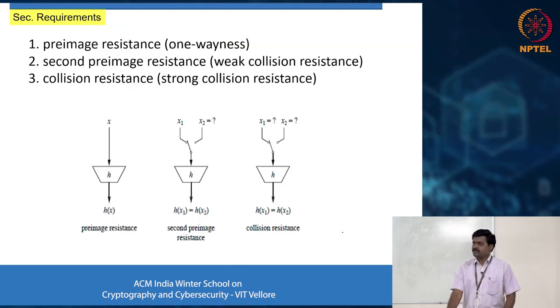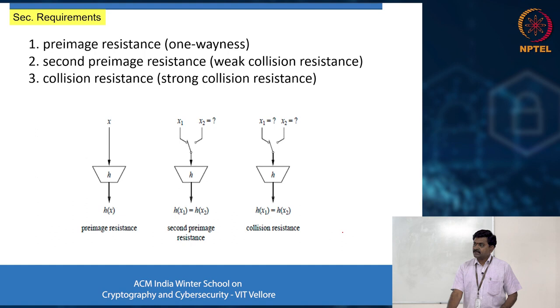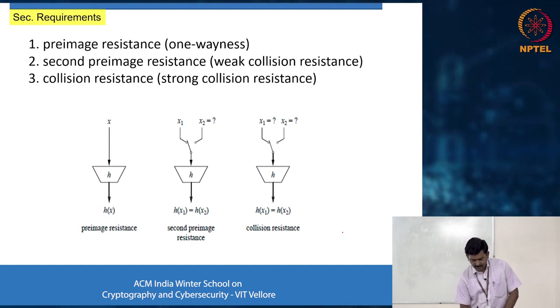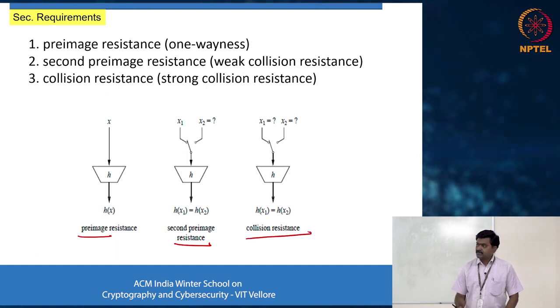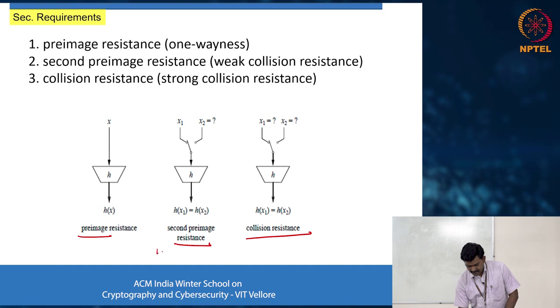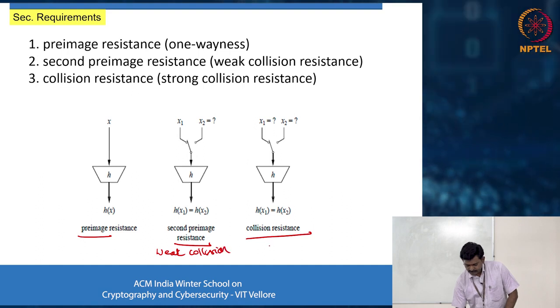What are the requirements of hash functions? There are three requirements: pre-image resistance, second pre-image resistance, also called weak collision resistance, and the final one is called strong collision resistance.